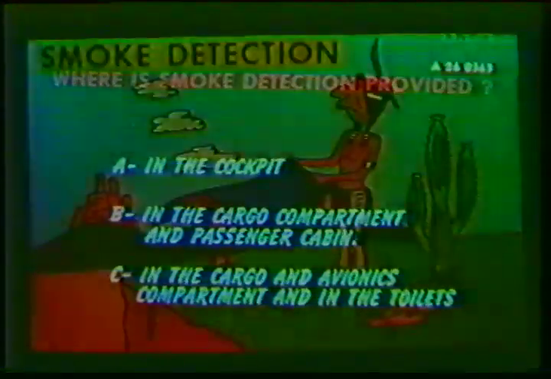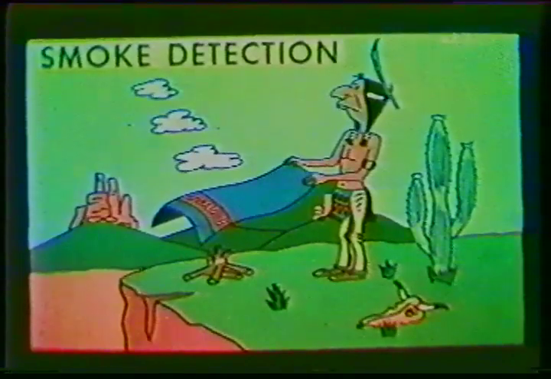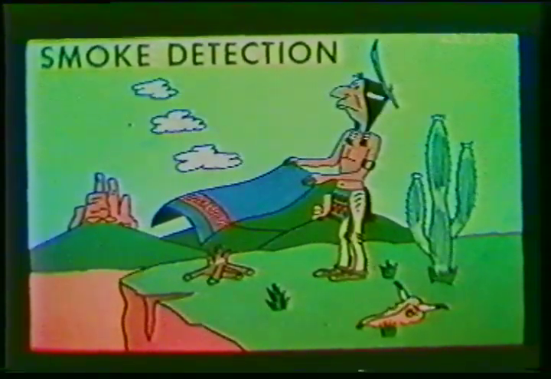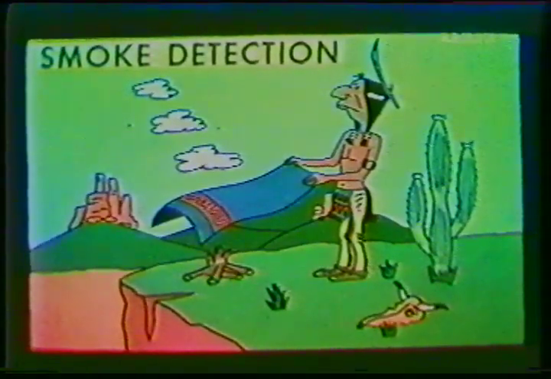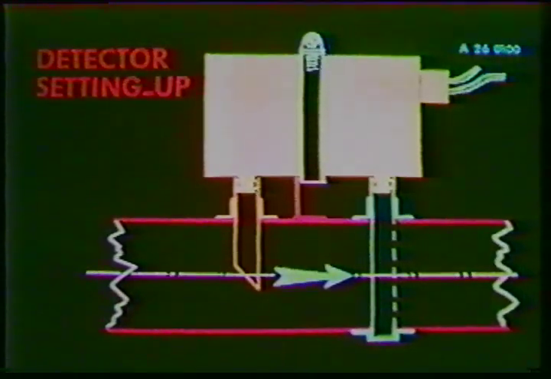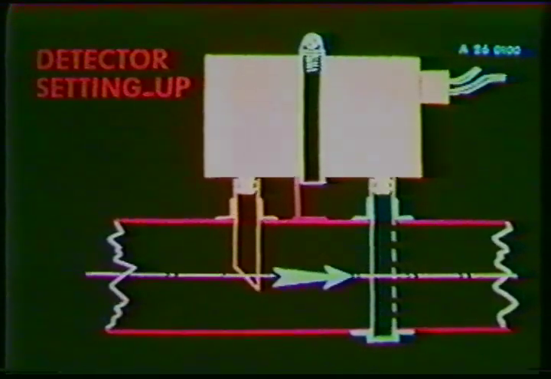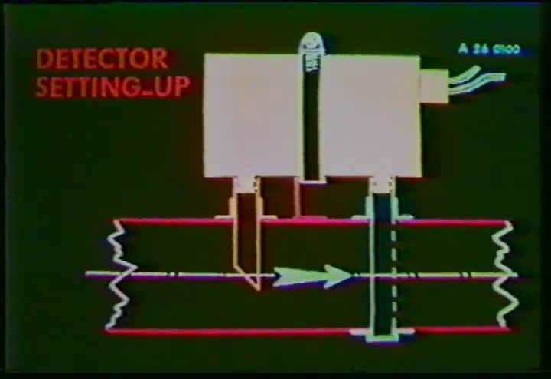After this short introduction, let us start with the smoke detection system. It is designed to detect the outbreak of a fire long before the appearance of flames. This smoke detection is accomplished by means of new type detectors which analyze the chemical properties of the air molecules.